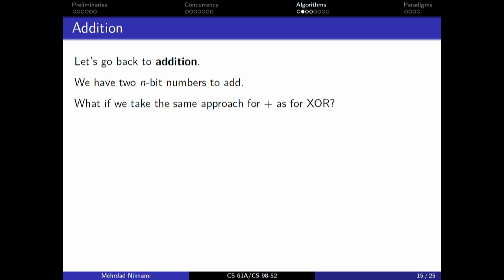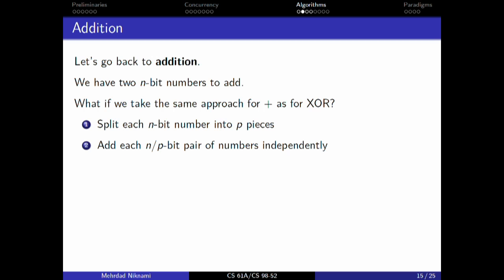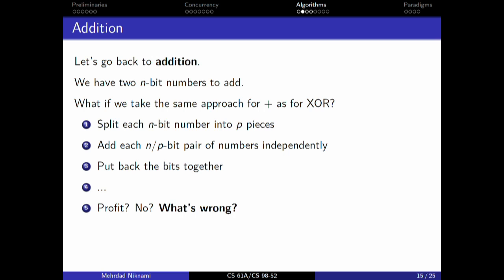If you have 2 n-bit numbers to add, you could try a similar approach: split the numbers into p pieces, or n pieces if you want, add the pieces independently from each other, and then put the bits back together. Well, we didn't solve the problem, right? What's wrong is that you need to worry about carries.